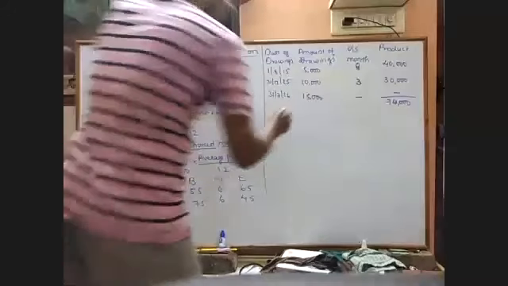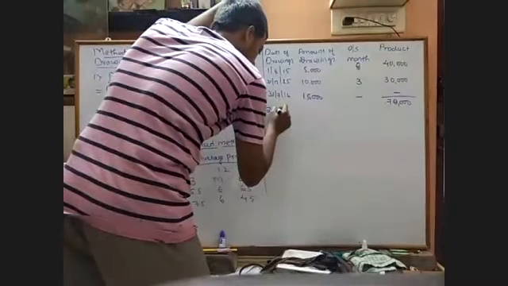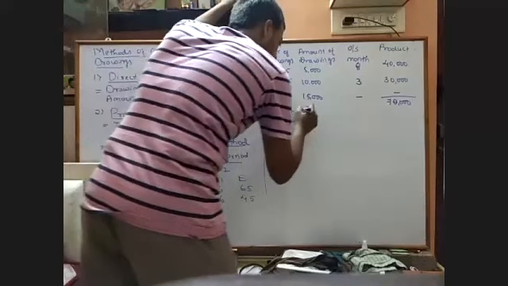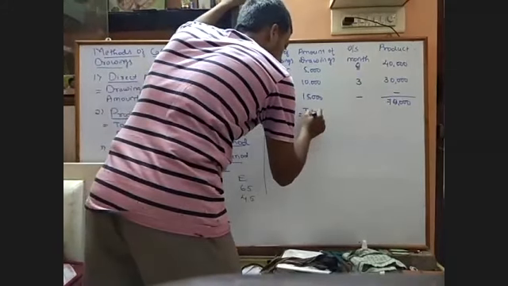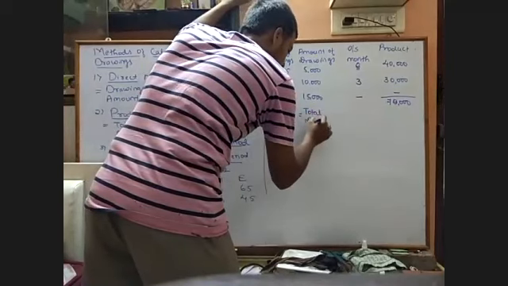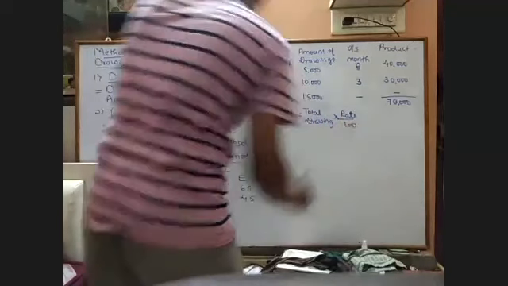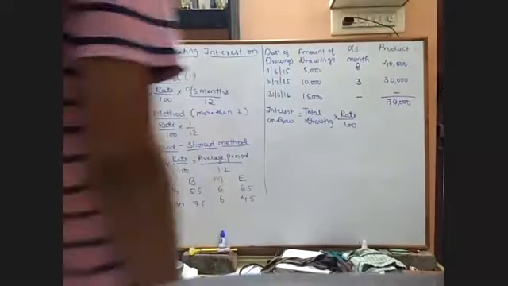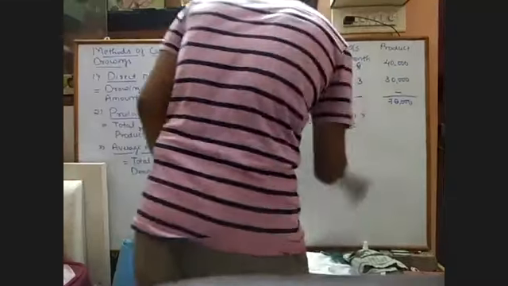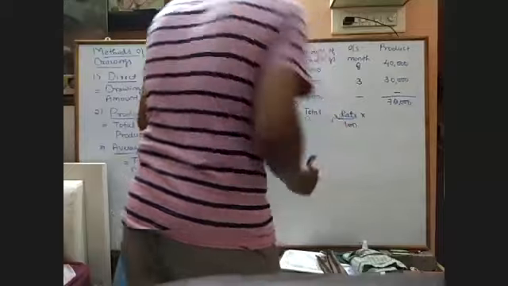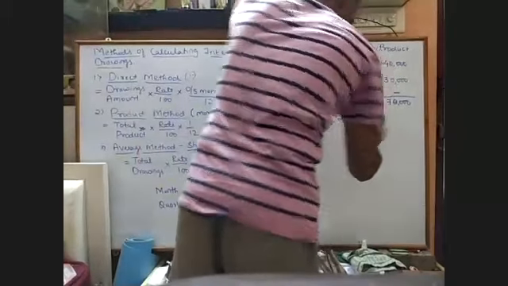So now the formula. Interest on drawings is equal to total product into rate by 100 into 1 by 12.